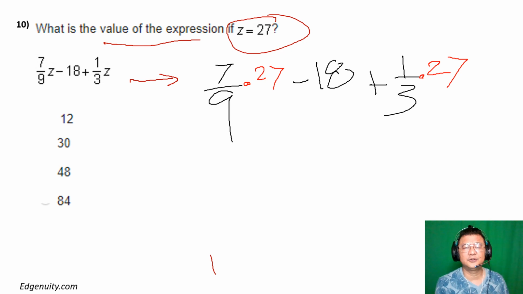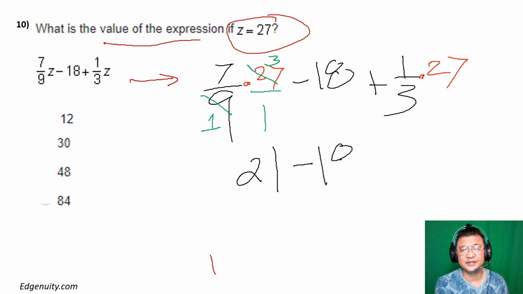Now, how do I do the multiplication first? Some of you probably forgot you could put it over 1, right? You can cancel this and cancel that. 9 divided by 9 is 1. 27 divided by 9 is 3. 7 times 3 is 21. So the first part is 21, minus 18. And then let's look at the second part. You can write it as 27 over 1.